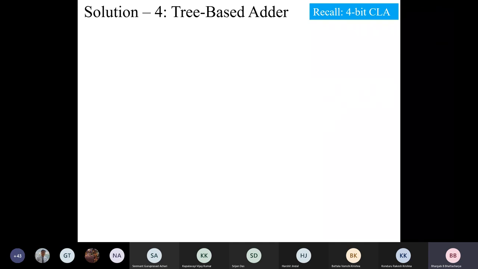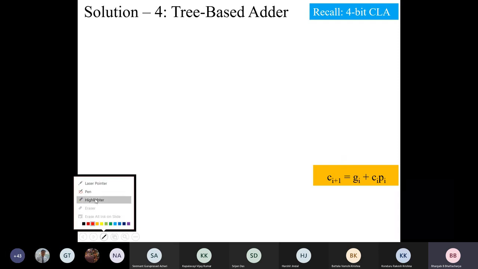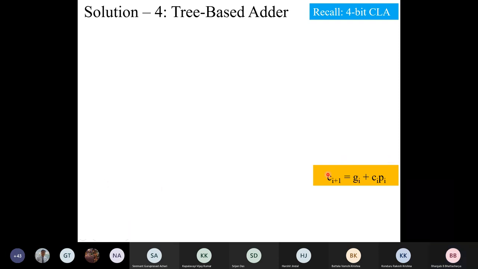So you know that in case of a carry look ahead adder, the entire design is based on the recurrence relation, right? Which tells you what would be the carry of the ith stage in terms of the previous carry, right? Okay. So the ith stage carry depends on G_i plus C_i P_i, and G_i, P_i are simple functions of the input, right?